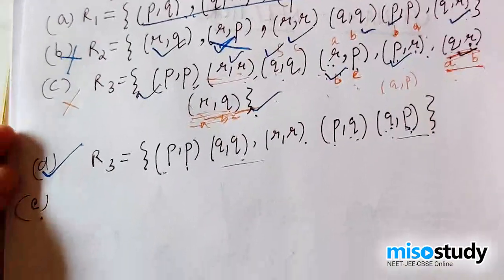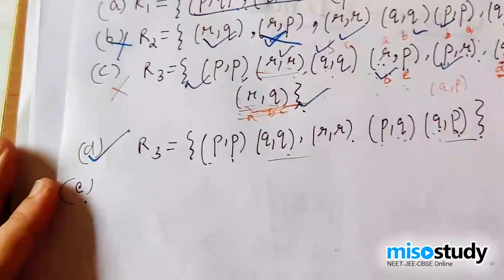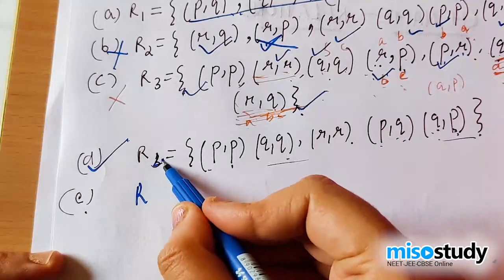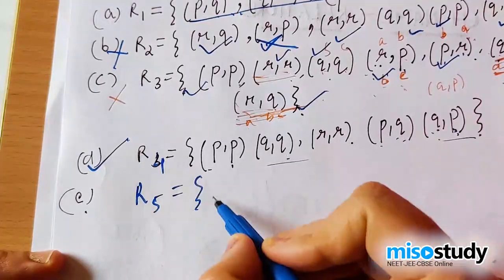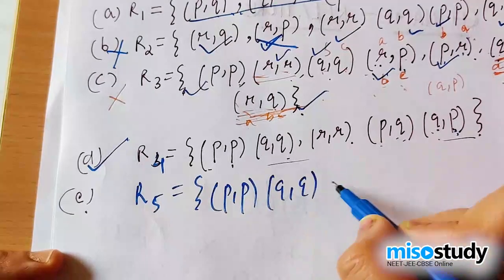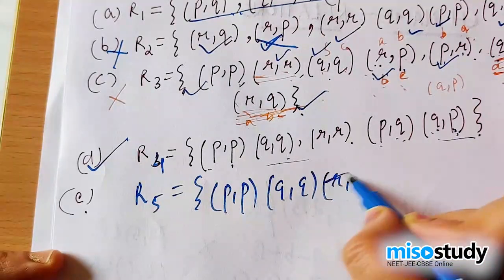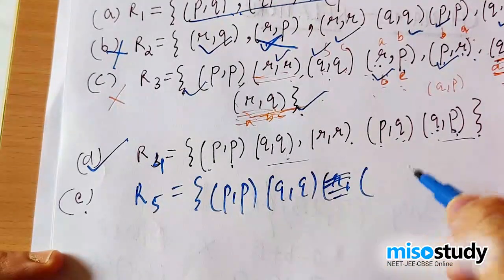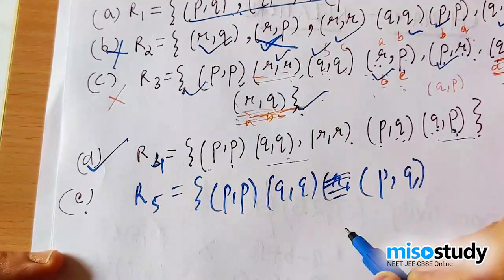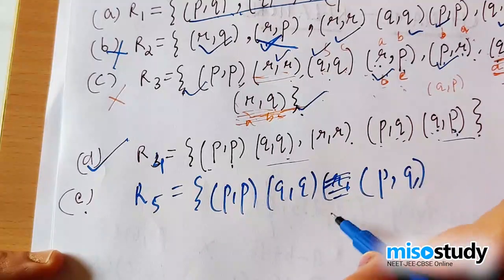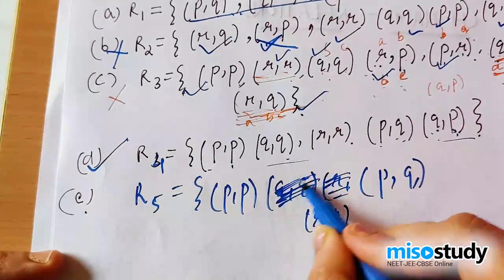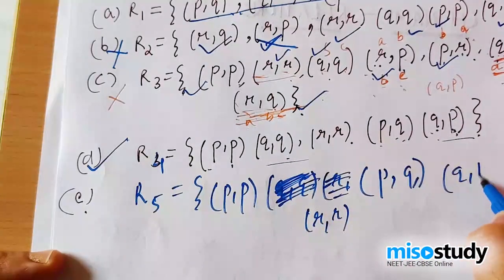Now I want to ask you a question based on what we did. If I write that R5 is a relation, let's take RR as well. Let's not take QQ. And QP.